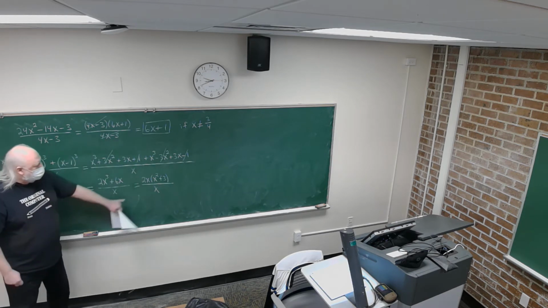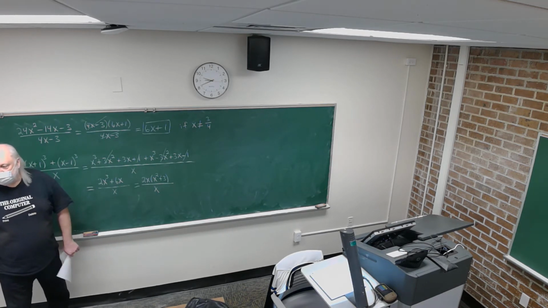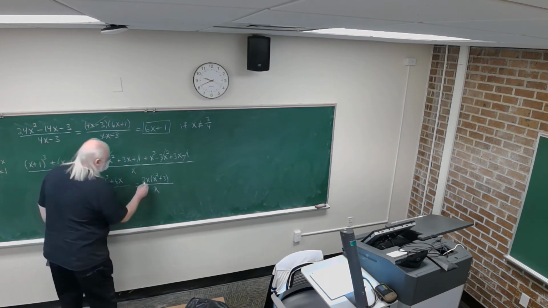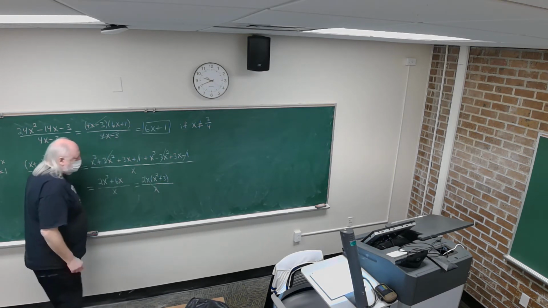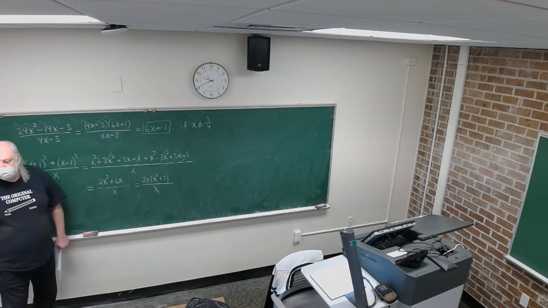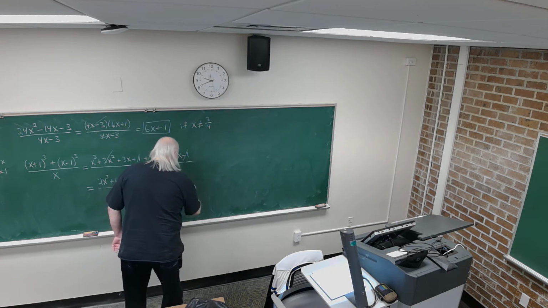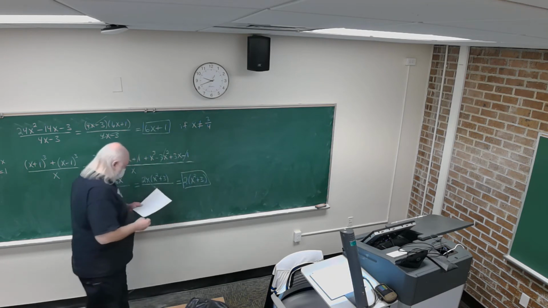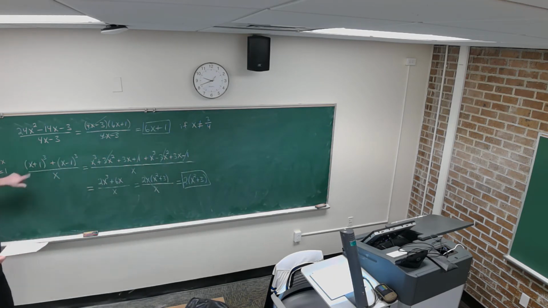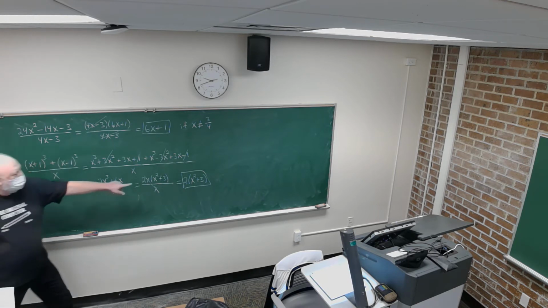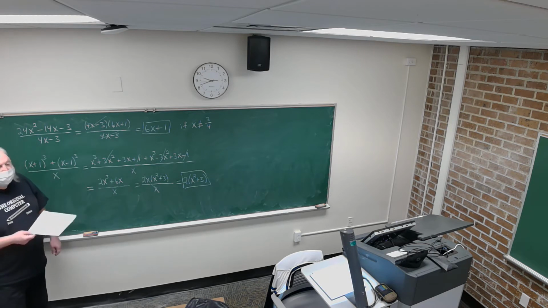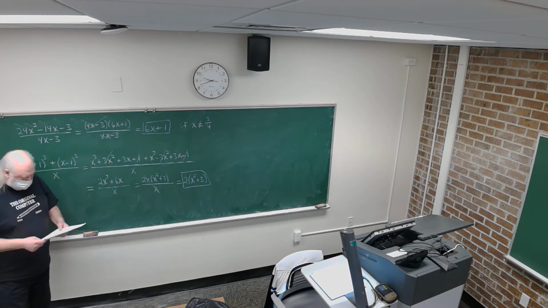But now you can see x is a common factor in the numerator and denominator. So the x's cancel. And we're just left with 2 times x squared plus 3. So this rational expression here simplifies to 2 times x squared plus 3, okay?